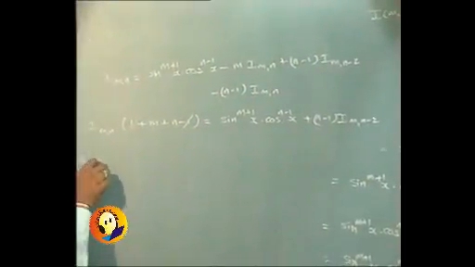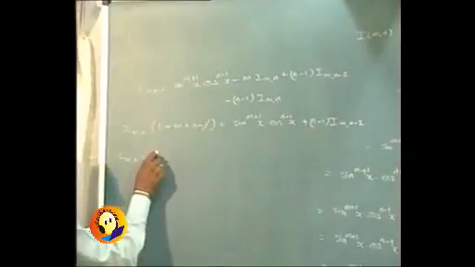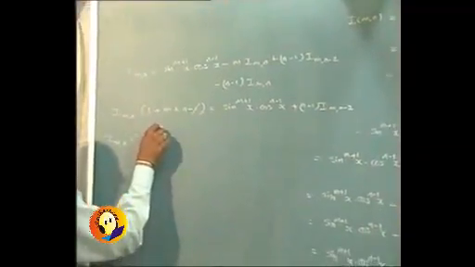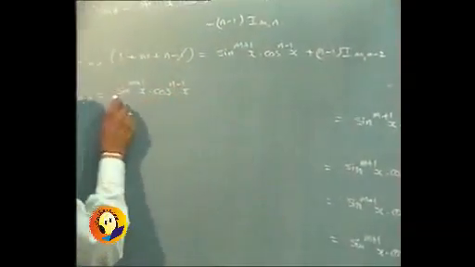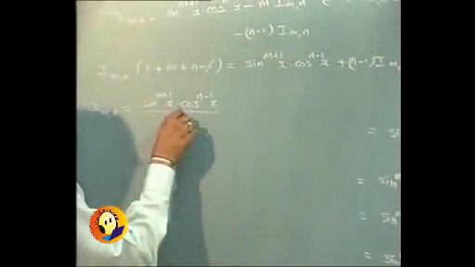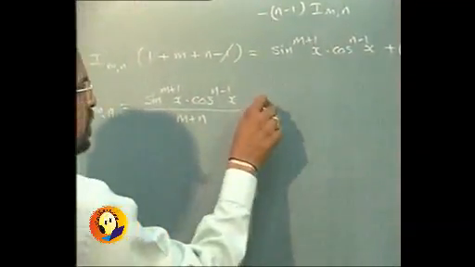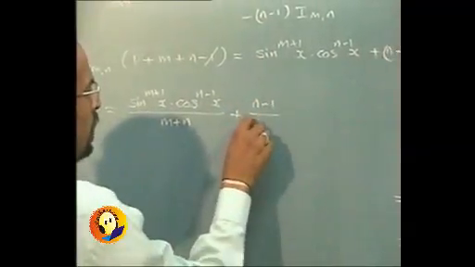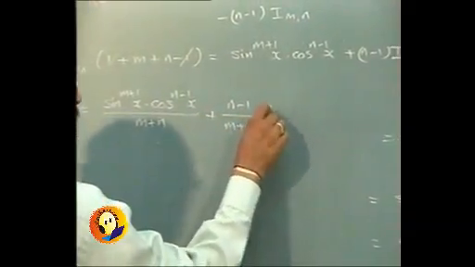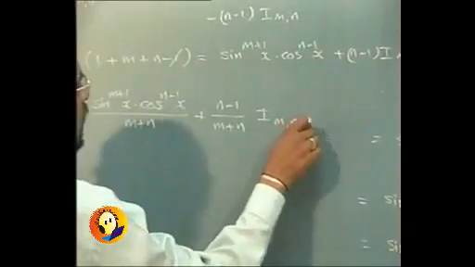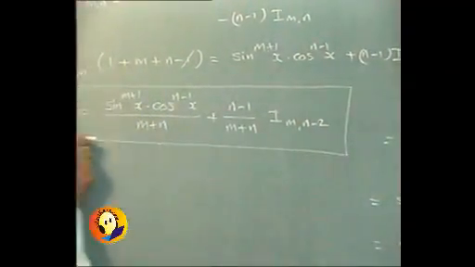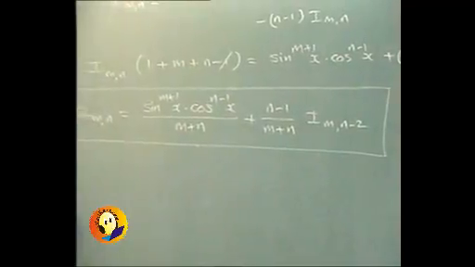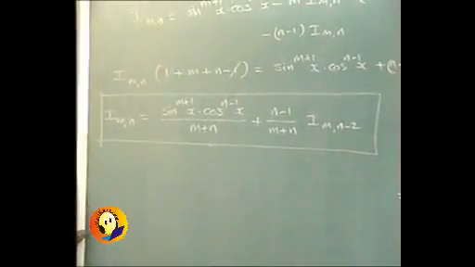It will be I(m, n) is equal to sin raised to m plus 1 x into cos raised to n minus 1 x upon m plus n plus n minus 1 upon m plus n I(m, n minus 2), which will be the required reduction formula.